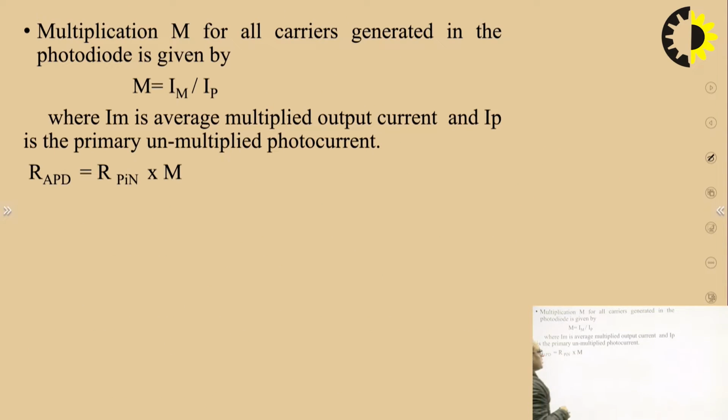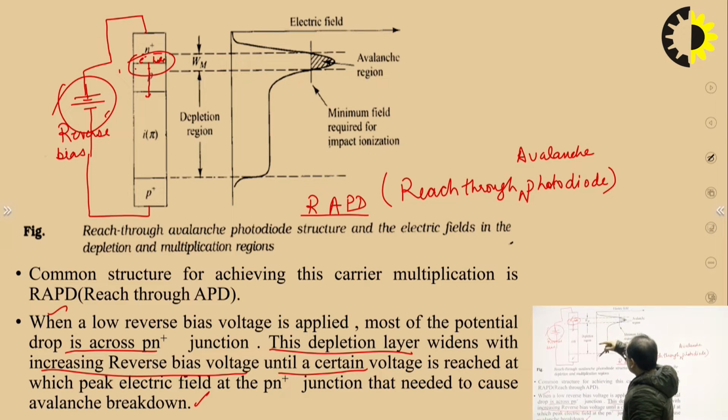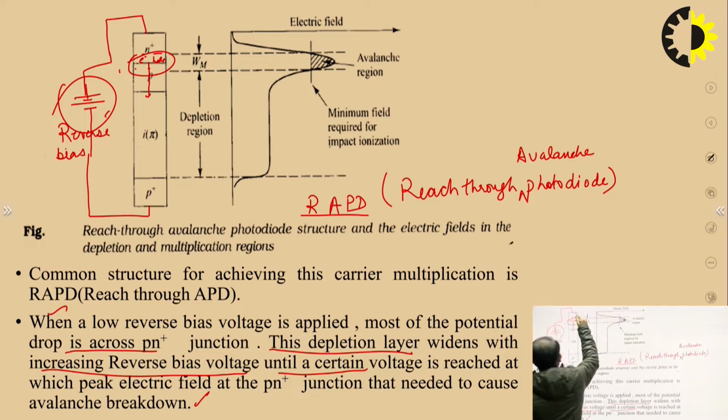The multiplication for all carriers generated is given by the factor M. Now see, if there is no avalanche breakdown, the primary current is created when an electron-hole pair is generated. The electron moves towards this side and the holes go to the upper side.